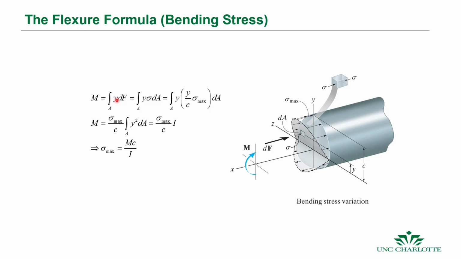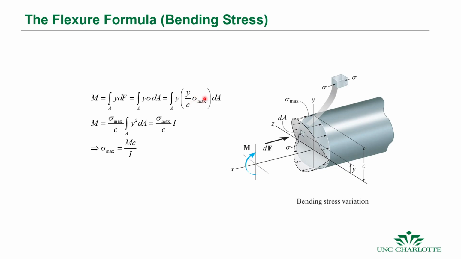So instead of representing dF as dF, we can represent it as sigma dA. And then we found that sigma is linearly related to the distance, y over c times sigma max, so we get this expression, y squared dA over c.